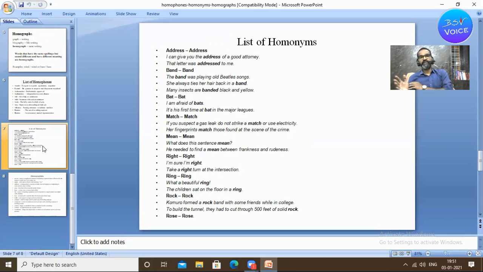So the person is batting, the bat is the same. The insect, the bat, is the same. At the same time, the person who bats for the match is also the same. So the bat meaning is different. Batting is hitting, like in cricket, of course. That is one thing here.